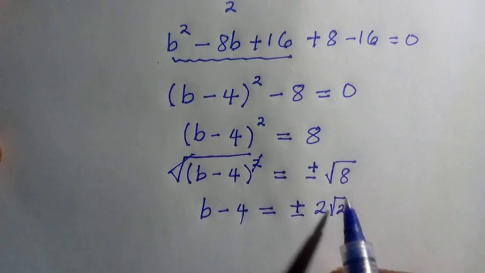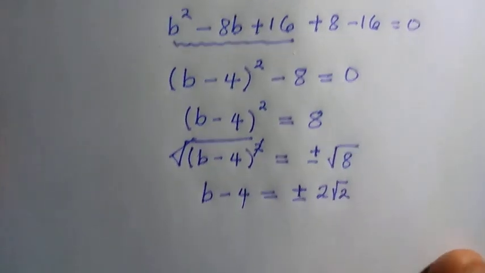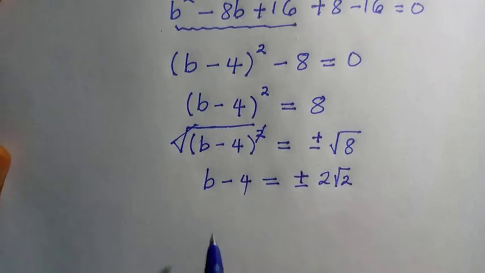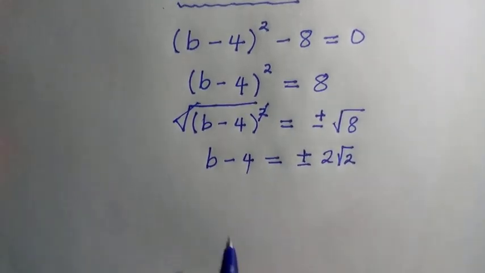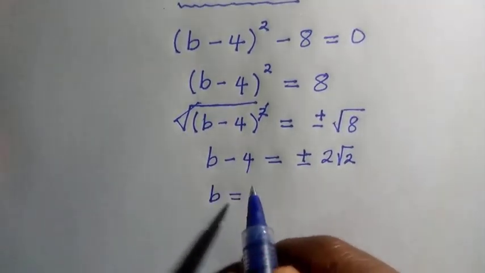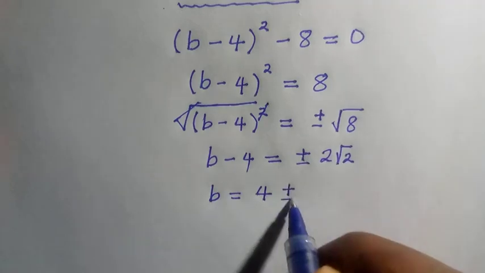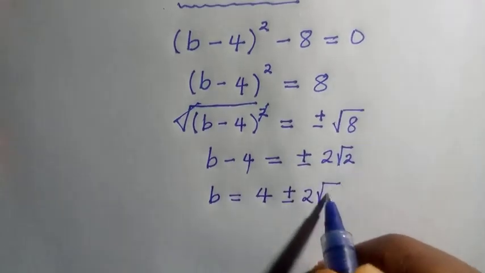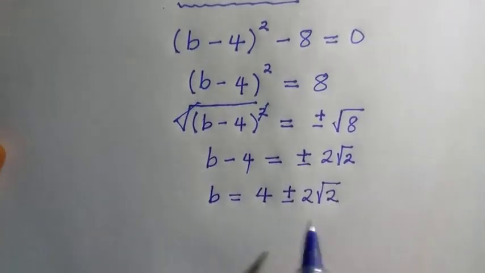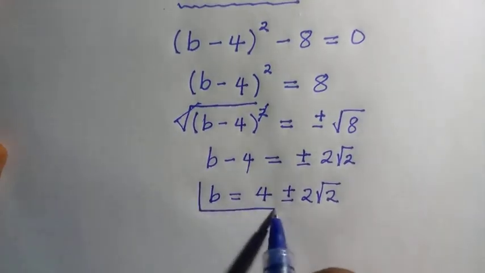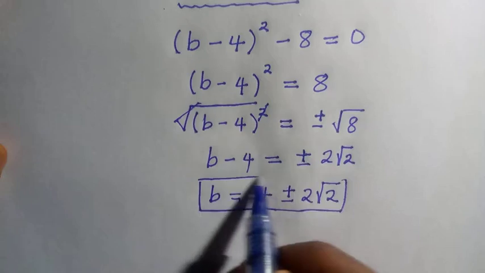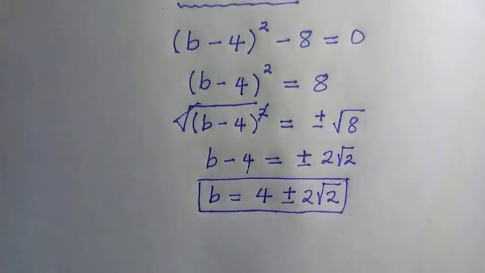Then we take 4 to the other side, and it becomes plus 4. So b equals 4 plus or minus 2 root 2. So this is the value of b.